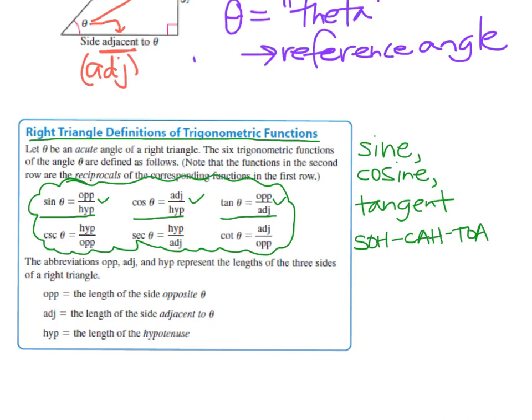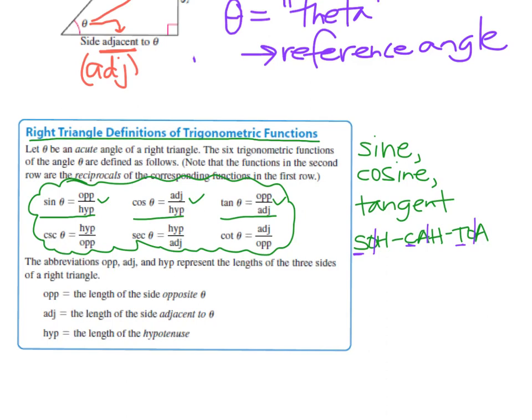SOH: S stands for sine, and O divided by H is the fraction, opposite over hypotenuse. CAH: C is cosine, which stands for adjacent over hypotenuse. TOA: T is tangent, which stands for opposite over adjacent. So you have sine, cosine, and tangent.